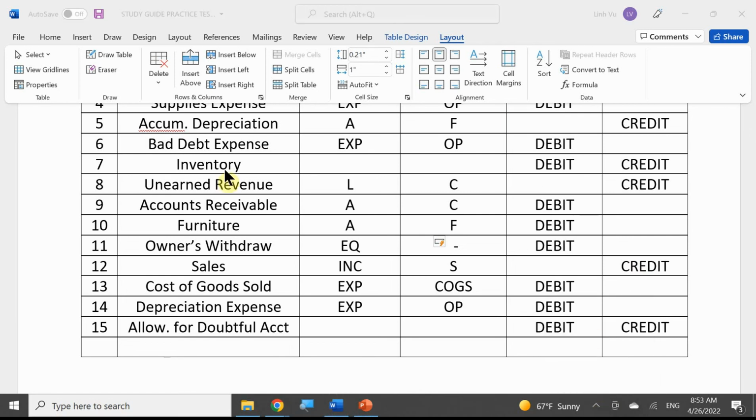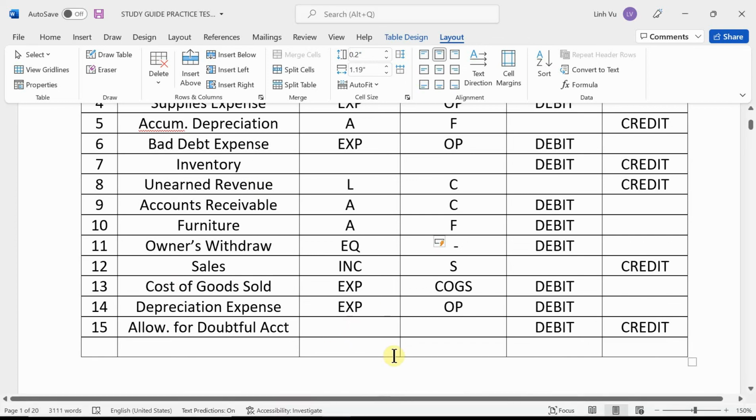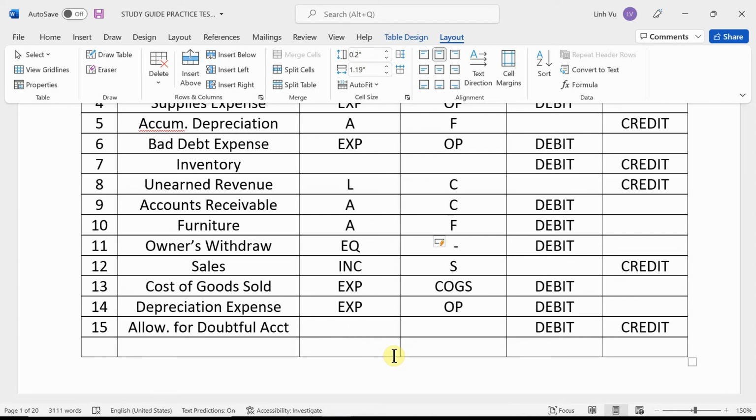All right, and last but not least, what about the allowance for doubtful accounts? What is the allowance for doubtful accounts? Is it an expense? Not an expense. What kind of account is this?